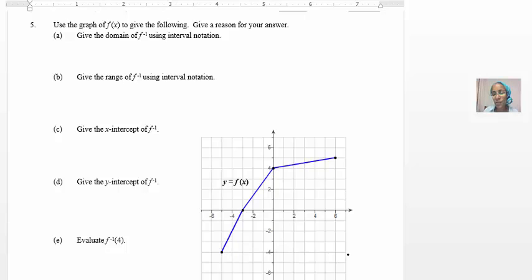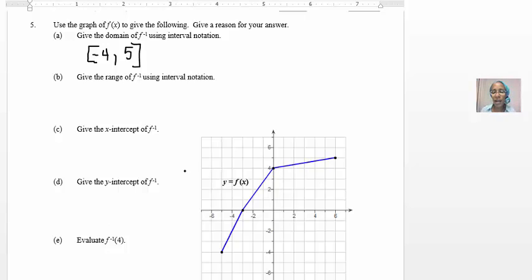We can see the range of f is from -4 to 5 inclusively. So that's going to be the domain of f inverse. Now we're asked to find the range of f inverse.